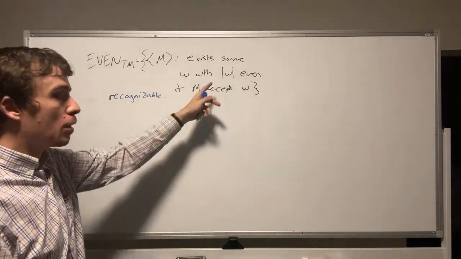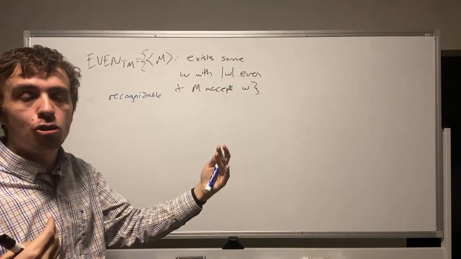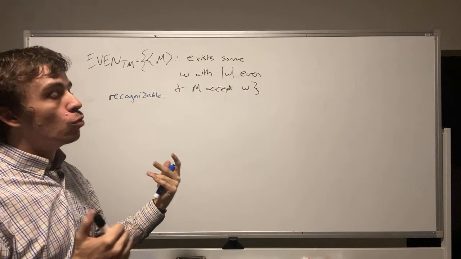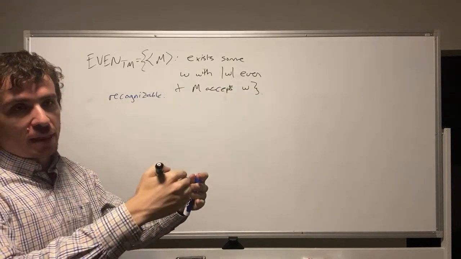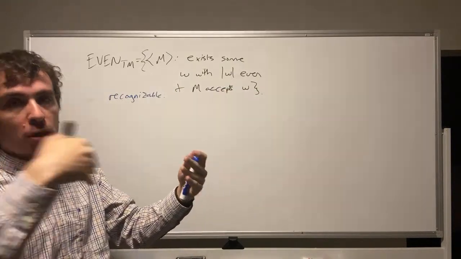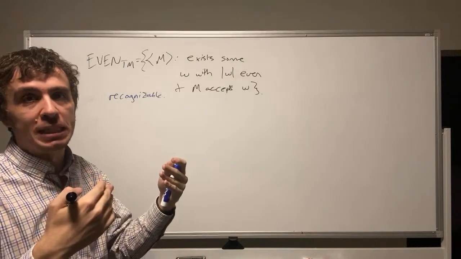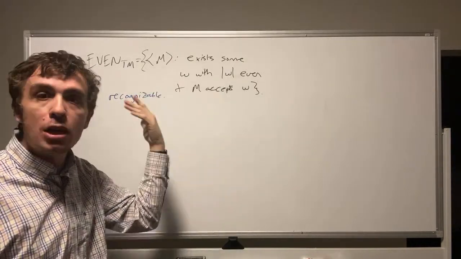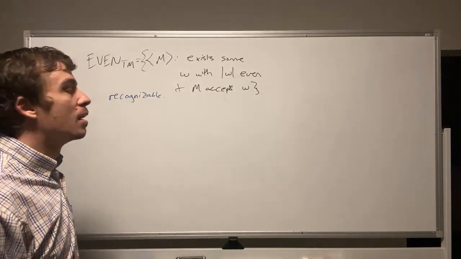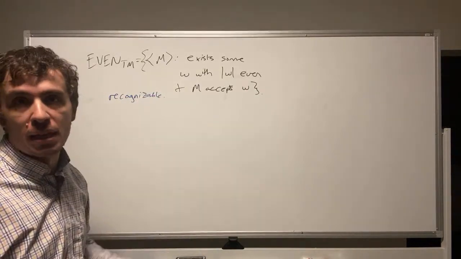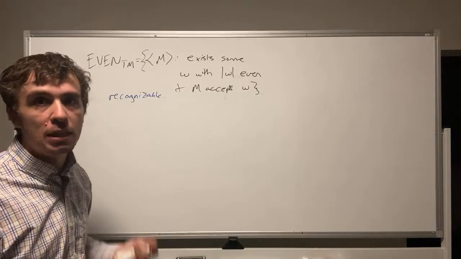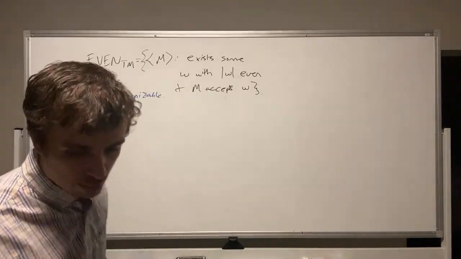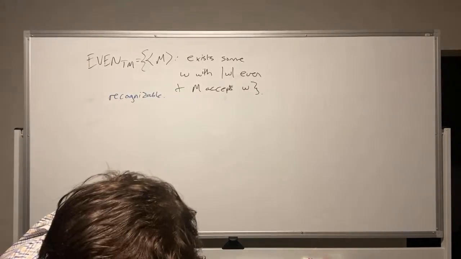So look at the ith even length string and run all strings from that point back, so all the strings up to that point, for i steps each. And if at any point for some i you accept the string, then you answer yes, and that's all you have to do. So it's just a classic dovetailing problem. All right.